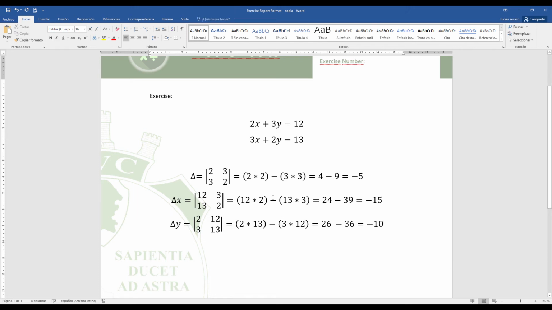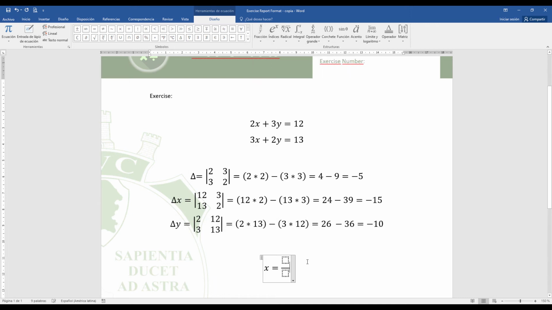Now let me copy that. Here x equals delta x divided by delta. So delta x is minus 15, divided by delta, which is minus 5, equals 3.